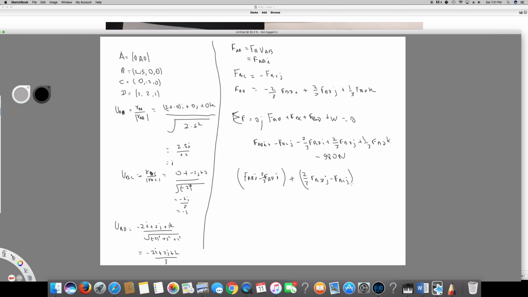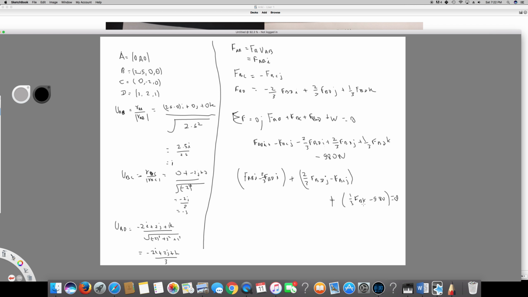Since we only have one K, the K is in the z direction, but the weight is also in the z direction because it's acting vertically downward. So I have to add this weight with the K. It's going to be 1 over 3 FBDK minus 980 Newtons, and all of them are going to be equal to 0. Now I can simply equate each bracket to 0.